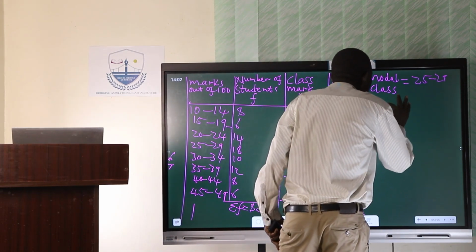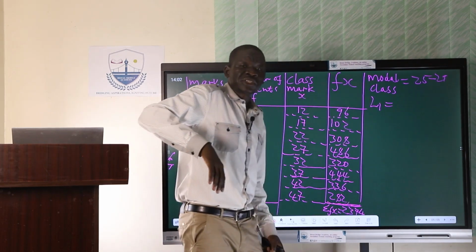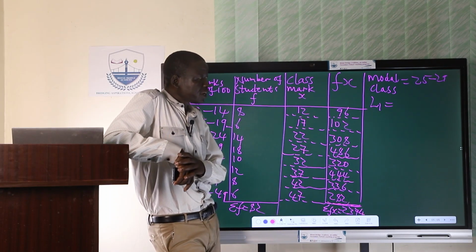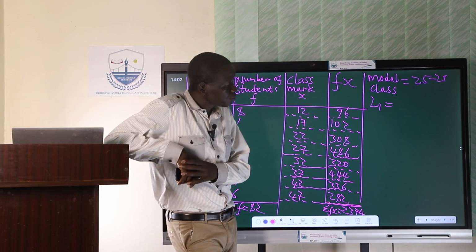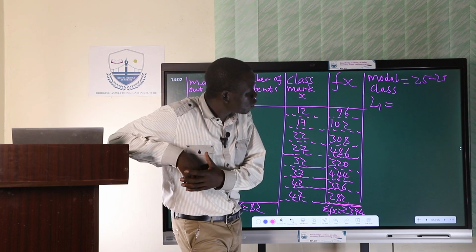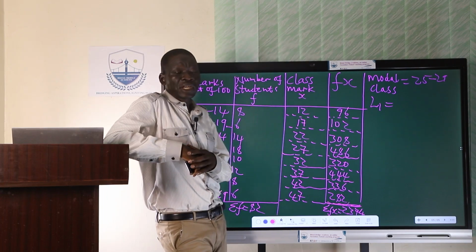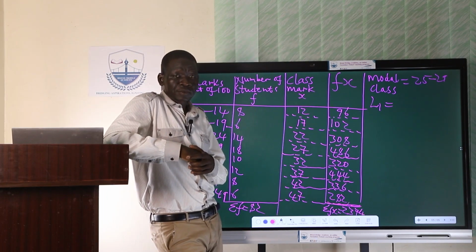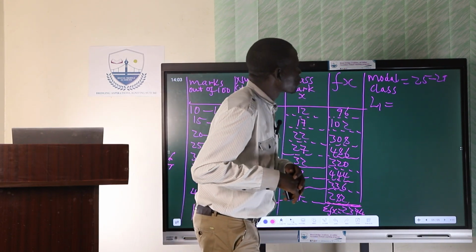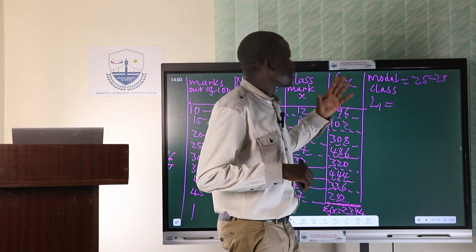L1 is obtained by subtracting 0.5 from the lower class limit.